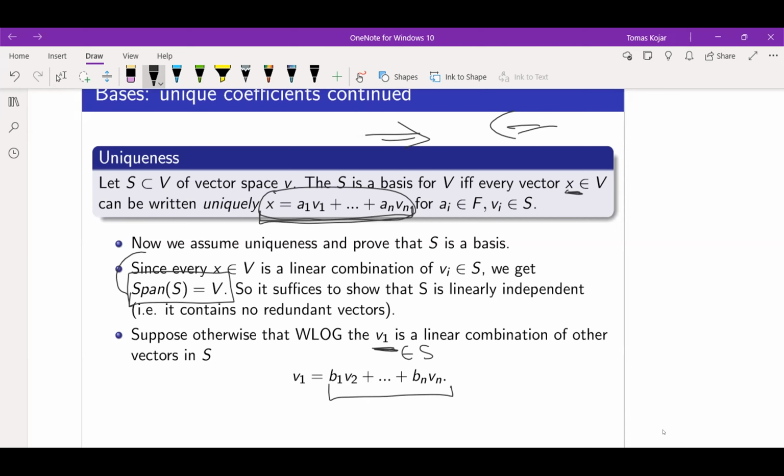I wrote down the coefficients and said they have to be equal. It was the same idea. So essentially, if you just want to show that something is a basis, you just show that it's linearly independent and spans. That way is faster.